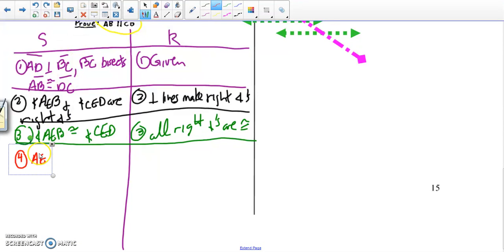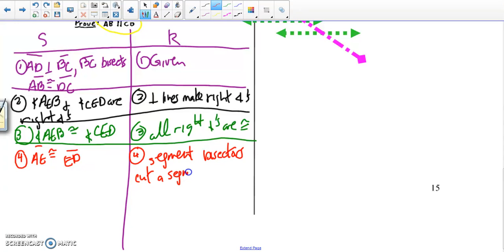In this particular example, that tells us that AE is congruent to ED because segment bisectors cut a segment in half.